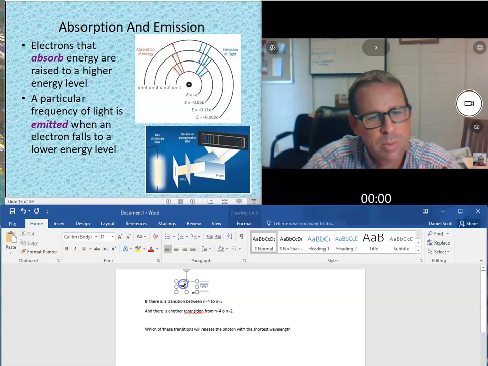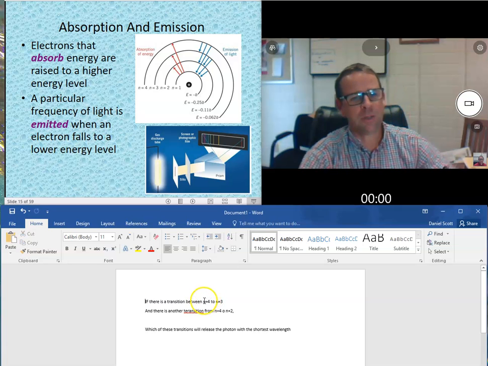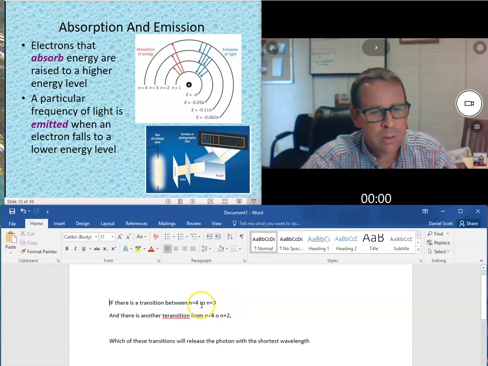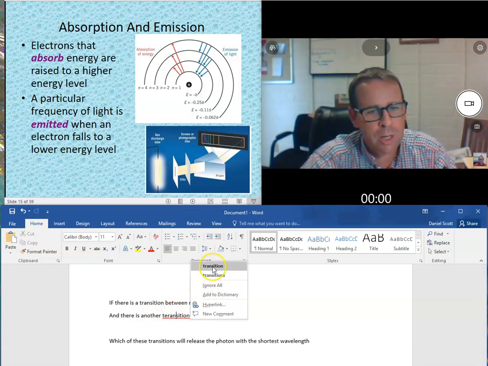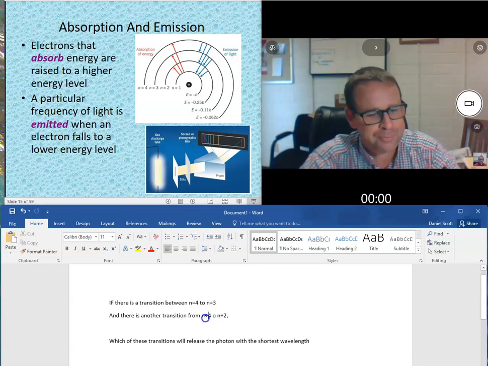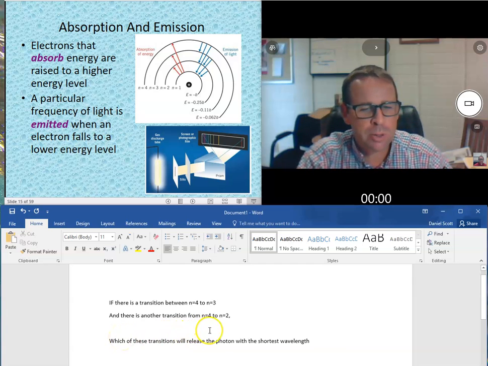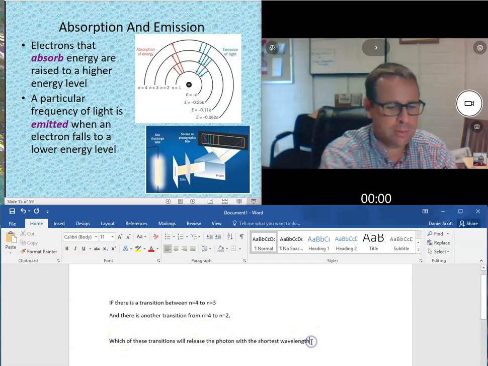Okay, does that make sense? We have two transitions, and we know that when the electron drops down, there's a transition going from 4 to 3, and then another transition going from 4 to 2. Which of these transitions will release the photon with the shortest wavelength?